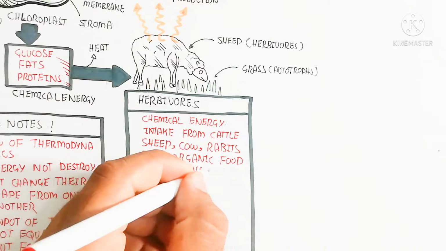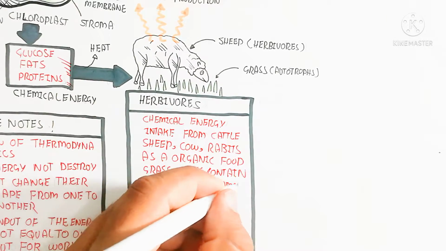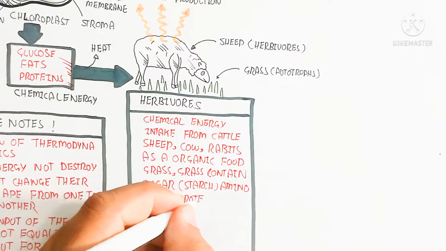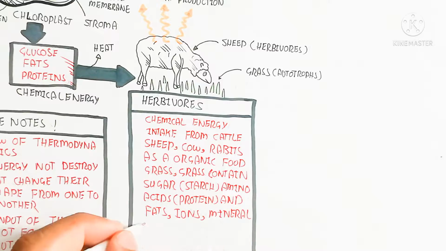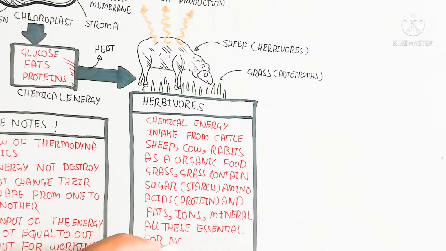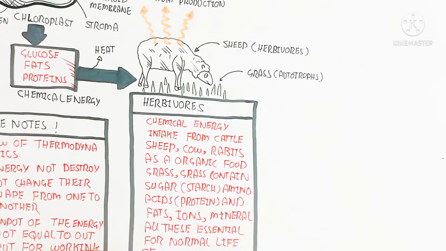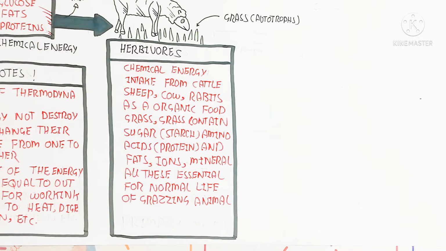In this way the chemical energy is taken in by cattle, sheep, cow and rabbit as organic food. Grass contains sugar, starch, amino acids, protein, fats, ions and minerals, all essential for the normal life of grazing animals. For example, the herbivores are the primary consumer, remember.